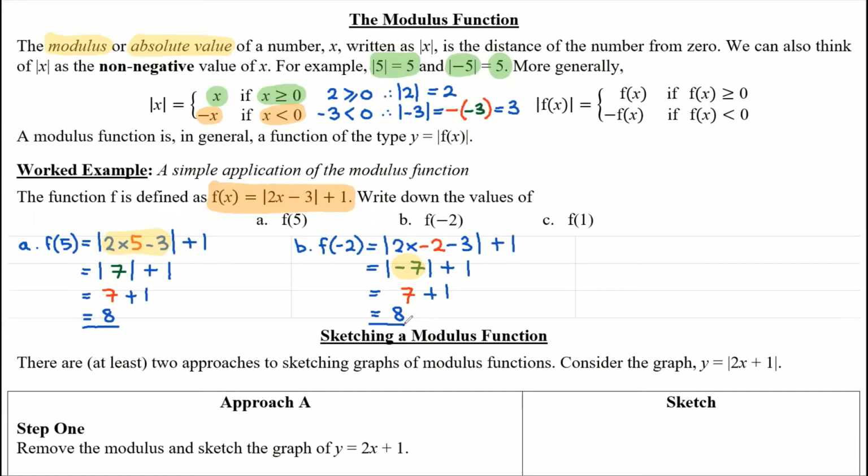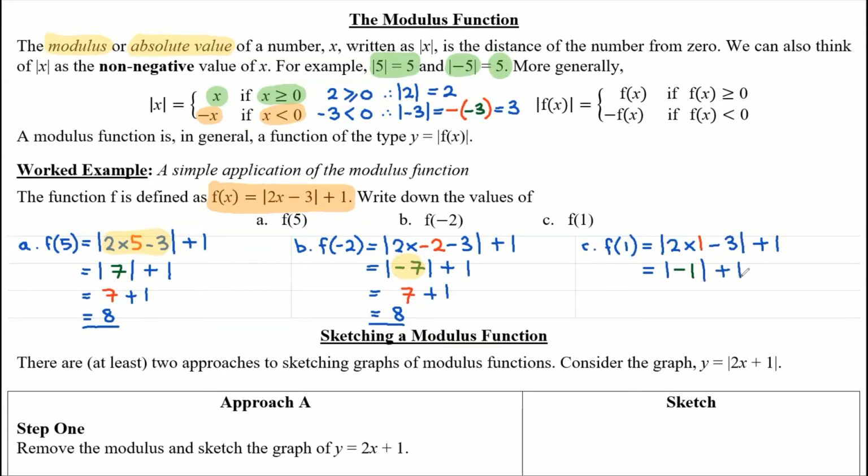And then for part C, we're going to find f of 1. So we put 1 in. Let's see what happens here. So this is going to be the modulus of 2 multiplied by 1. And then once again, we're going to subtract 3. Close the modulus and add 1. Okay, so this is going to be the modulus of -1. Okay, so 2 subtract 3. Add 1.